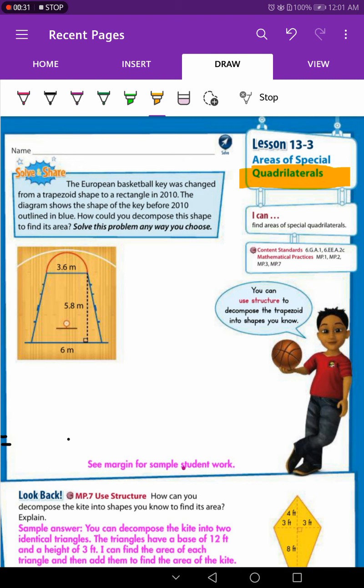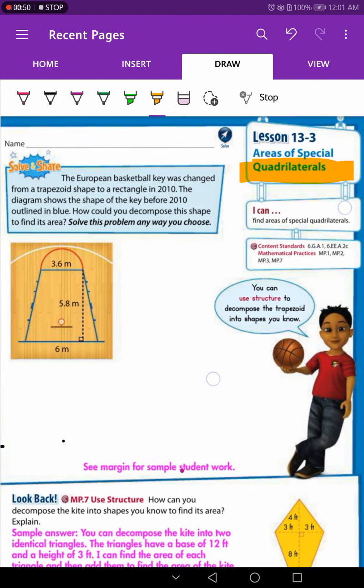That means, teacher, a square is a quadrilateral? Yes. Rectangle? Yes. Parallelogram? Yes. Rhombus? Yes. So the square, rectangle, parallelogram, and rhombus, all of them we call quadrilaterals because all of them have only four sides.